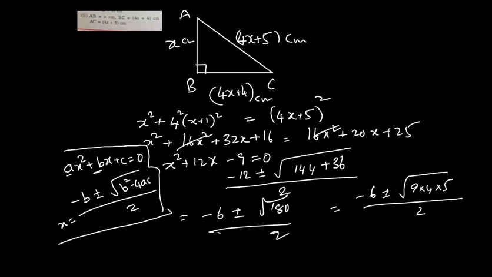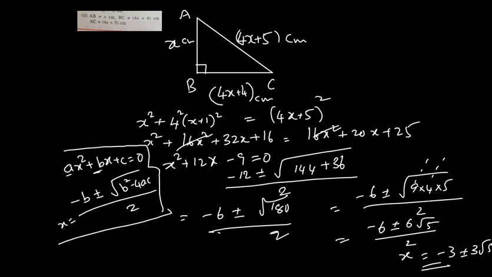The square root of 9 is 3, of 4 is 2, so you'll have minus 6 plus or minus 6 root 5 divided by 2. Otherwise you'll have minus 3 plus or minus 3 root 5. This is the final answer for x.